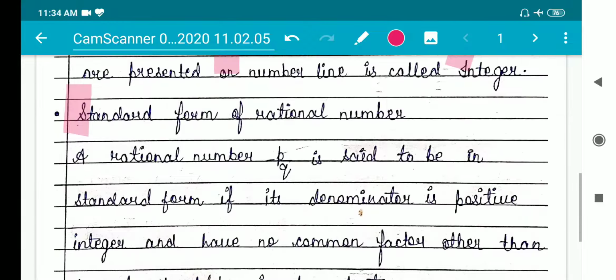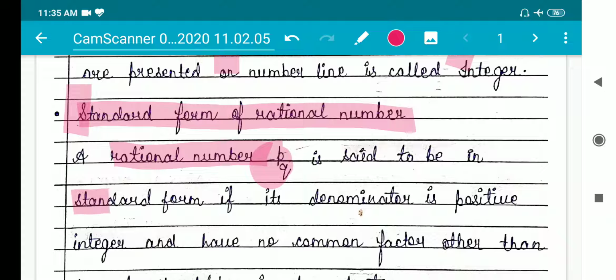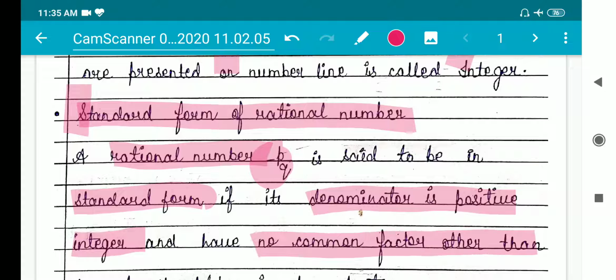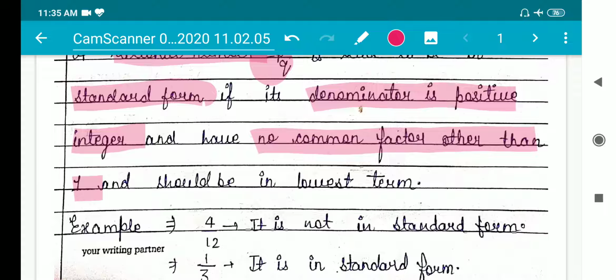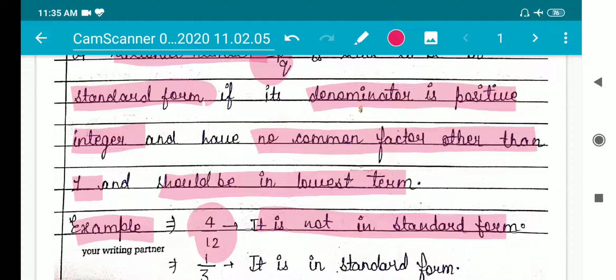Now I would like to talk about the standard form of rational numbers. A rational number p by q is said to be in standard form if its denominator is a positive integer and p and q have no common factor other than 1, and it should be in the lowest term, meaning it can't be reduced further. Example: 4 by 12 is not in standard form because it can be reduced further.